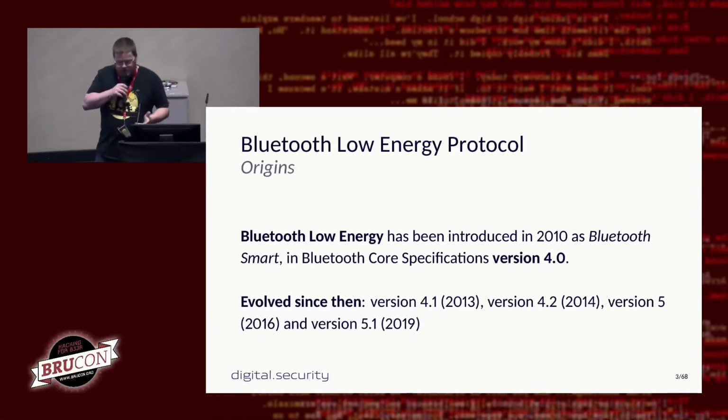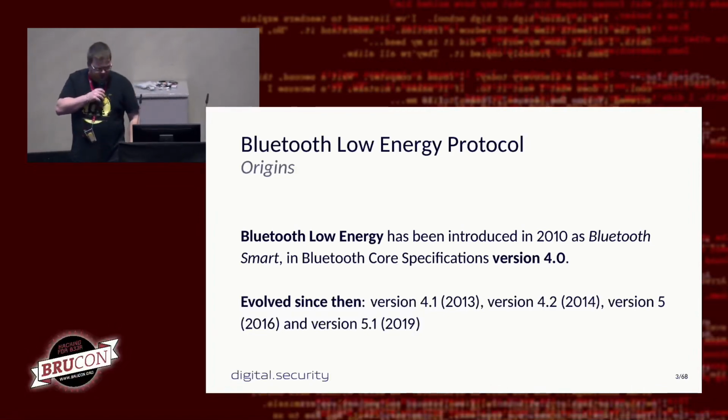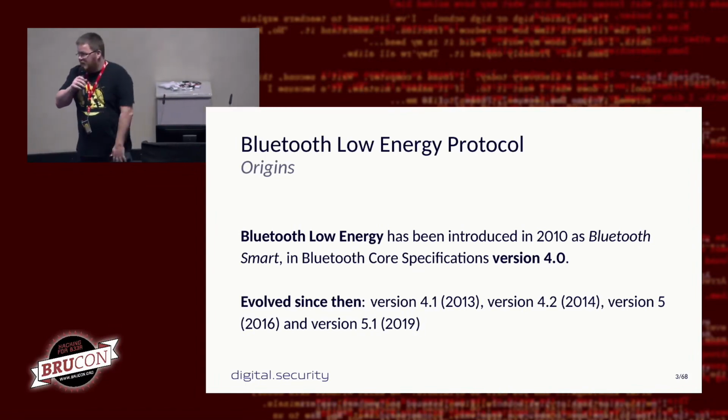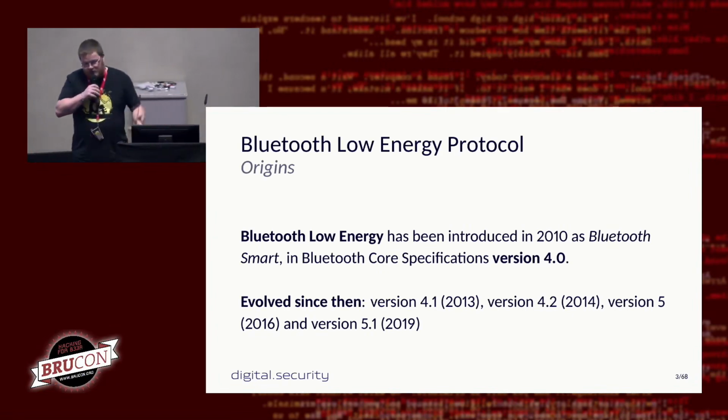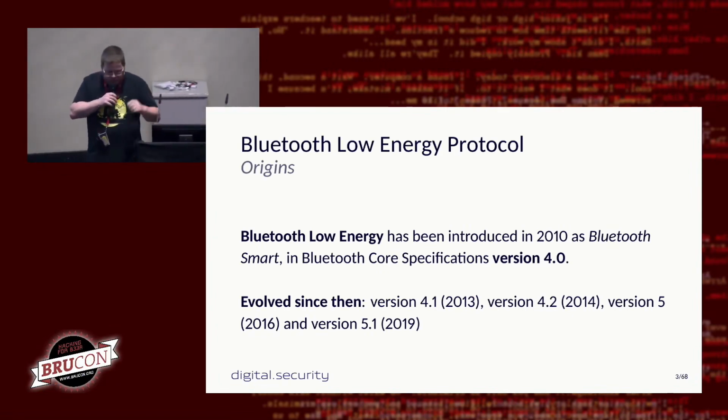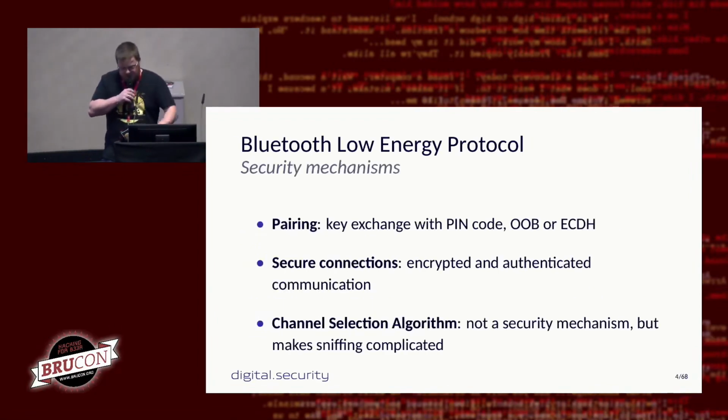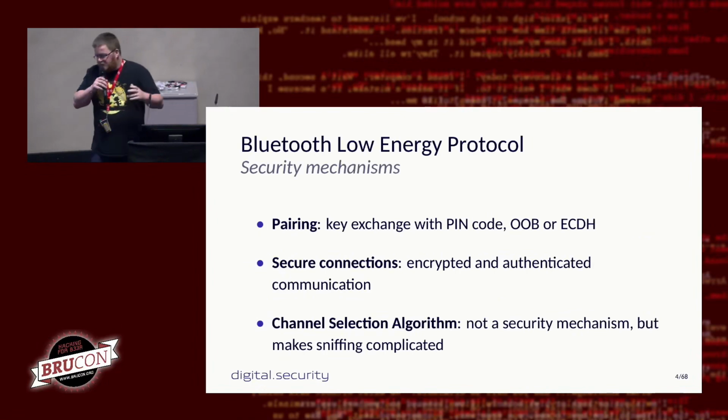Version 4.1 was released in 2013, version 4.2 in 2014, version 5 in 2016, and 5.1 this year. So this is a protocol that evolves very quickly, and it's quite interesting.